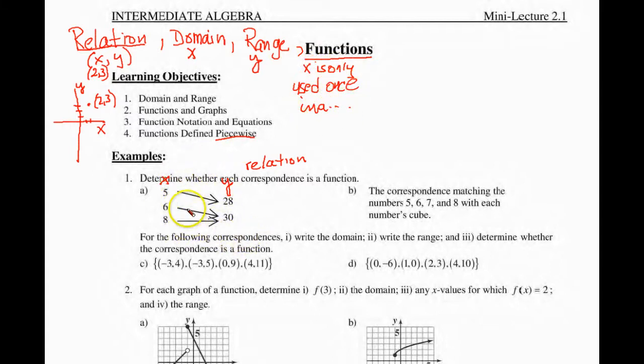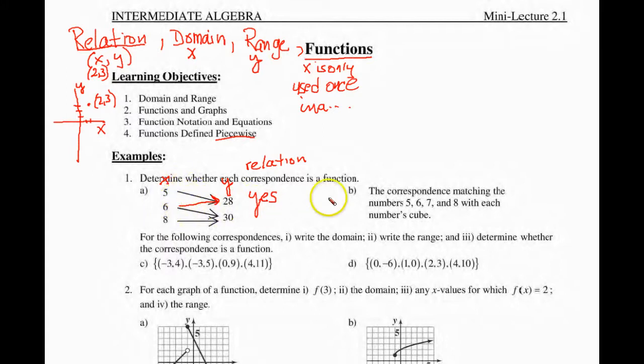So as you look at this, how many arrows are coming from the x side? Well, 1 for each item. So since the 5 is only used once, the 6 only used once, the 8 only used once, yes, this is a function, because the x element is only used once. Now, if I had another line from the 6 here, which I don't have, like so, this would then not be a function because the 6 is used twice.